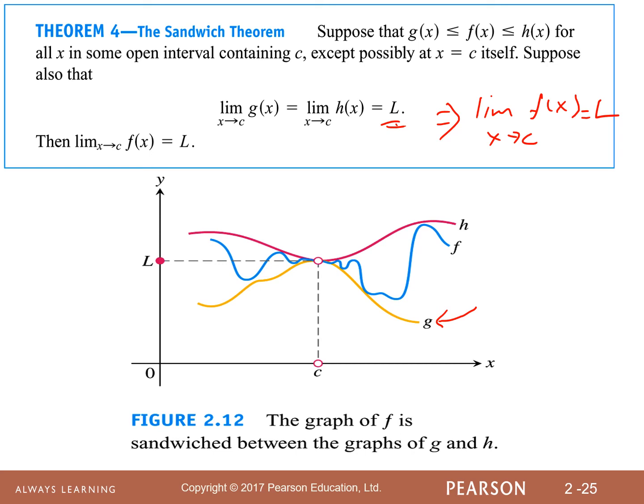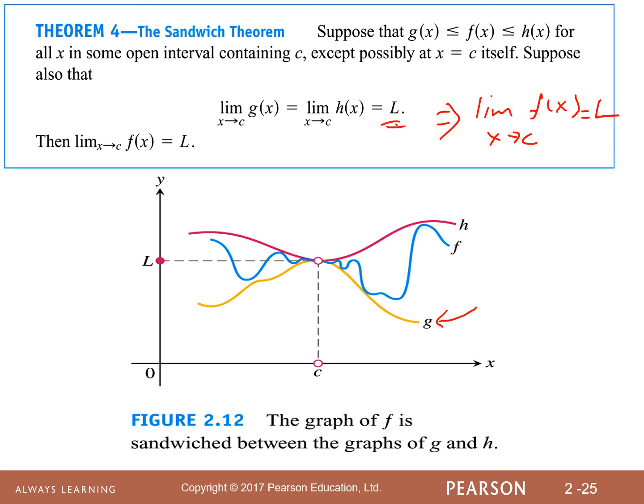X can come to C from the left, can come to C from the right, right? But the limit will be L. That means also for f of x, if you keep going to C, when you end up at C, the limit will be equal to L.